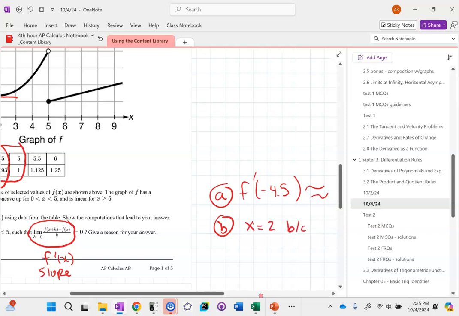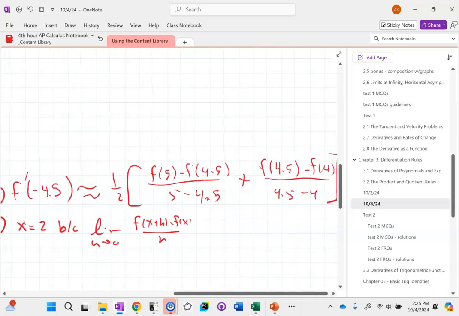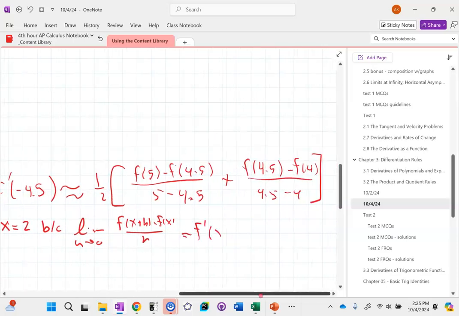And then my explanation is because the limit as h approaches 0 of f of x plus h minus f of x over h equals f prime of x, which equals the slope of f at x.